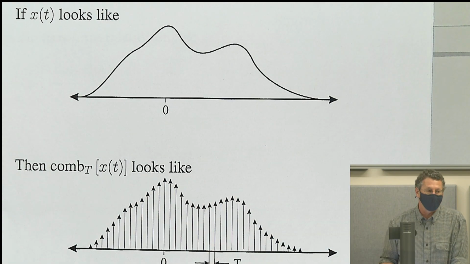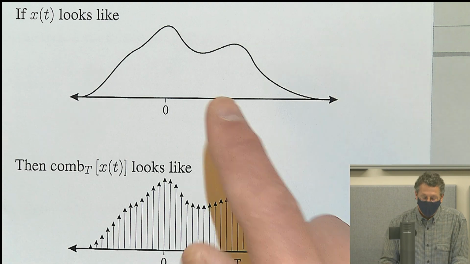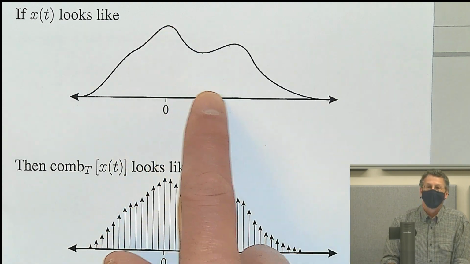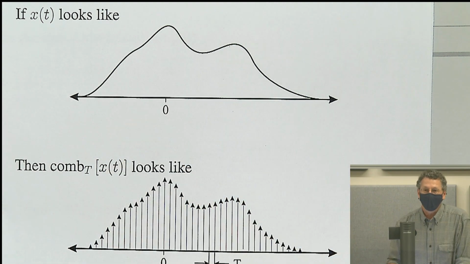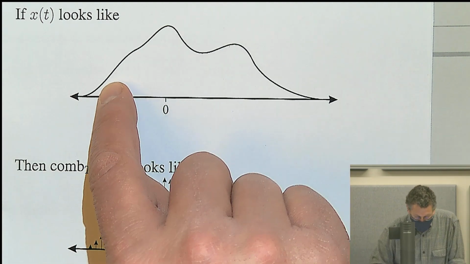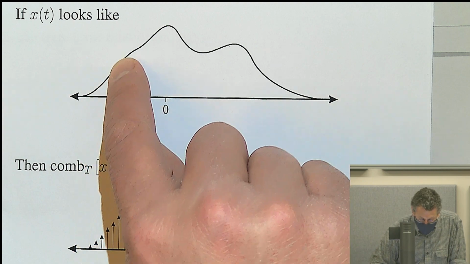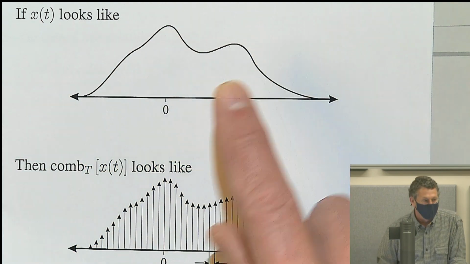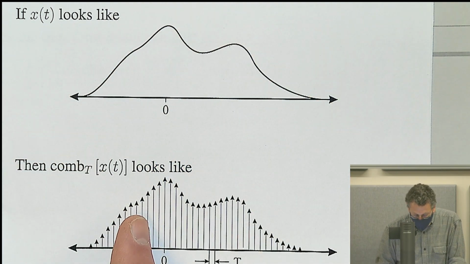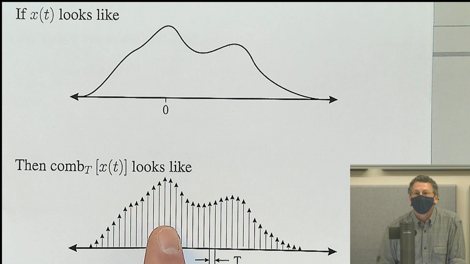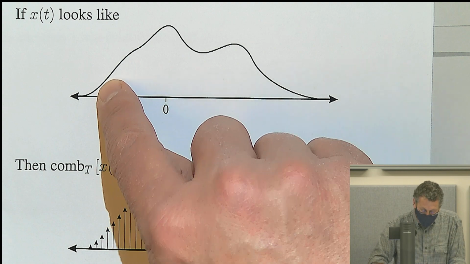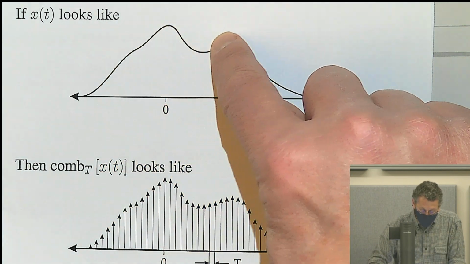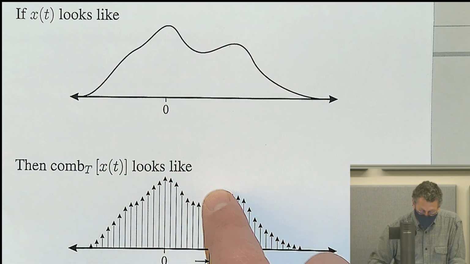And the answer is going to turn out to be yes in certain cases, when the frequencies in this signal are sufficiently limited. What that means is that the function is sufficiently smooth. So if the samples are sufficiently close together, then you're going to be able to recover the shape of this function from these discrete samples.